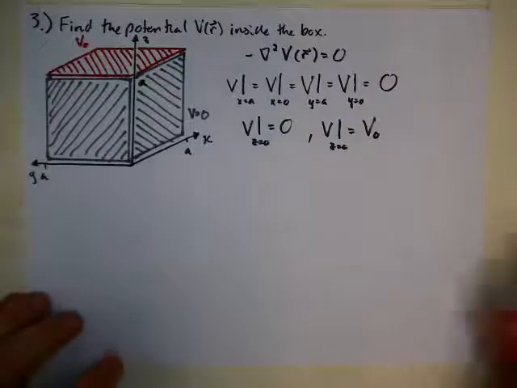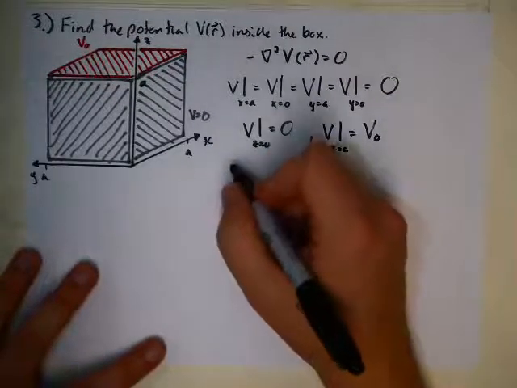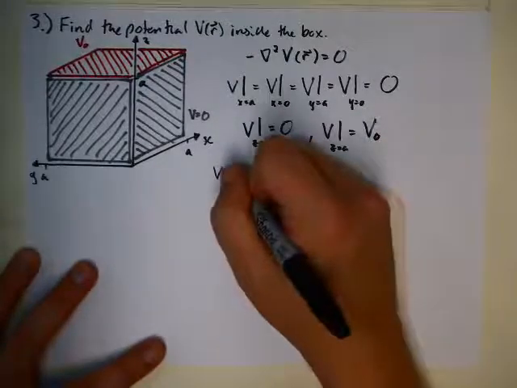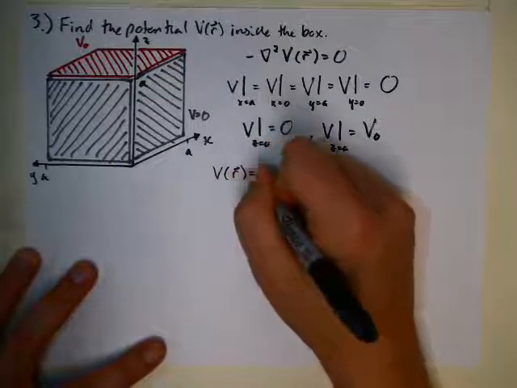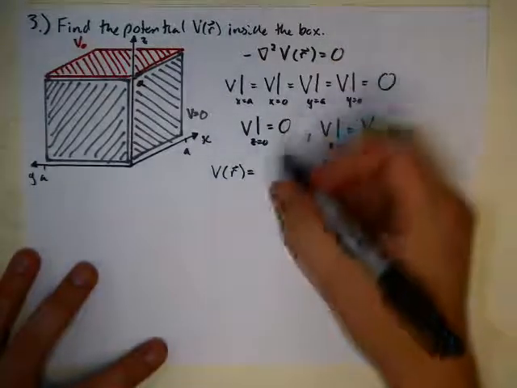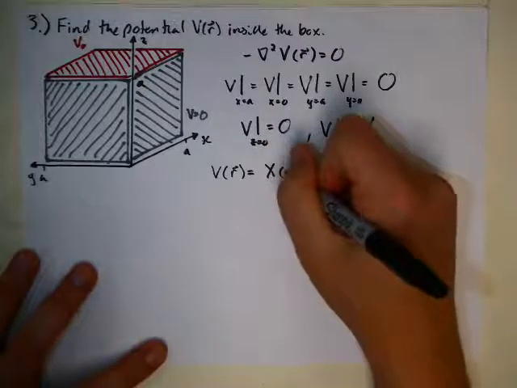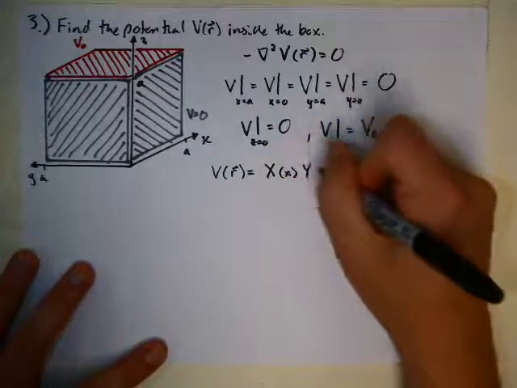As I go forward with this, we want to employ the big idea in separation of variables, which is that my solution to Laplace's equation of multiple variables can be written as a product of solutions in each coordinate.